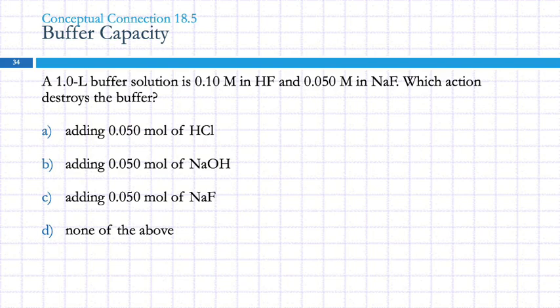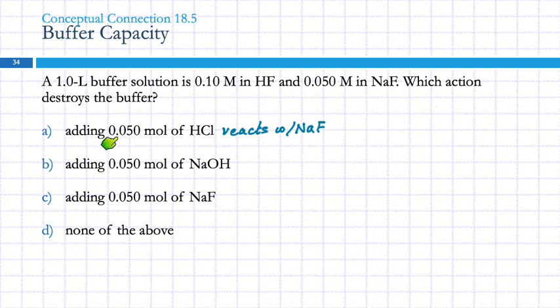So what are we even going to think about here? This is our acid, and that's the conjugate base. If we add acid to this buffer, is it going to react with the HF or with the F minus? It's going to react with the F minus. So this reacts with the NaF.